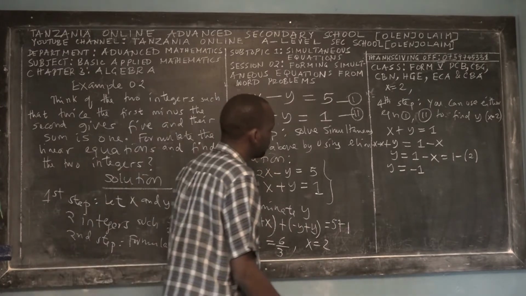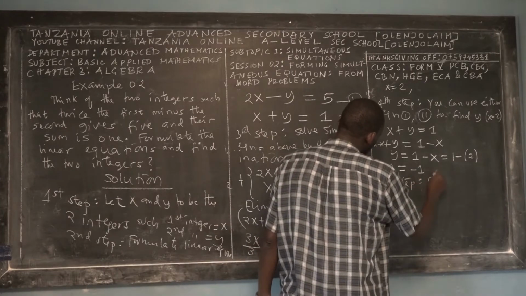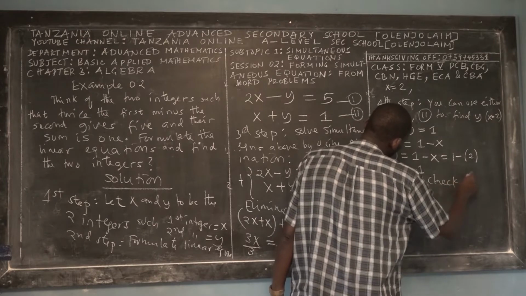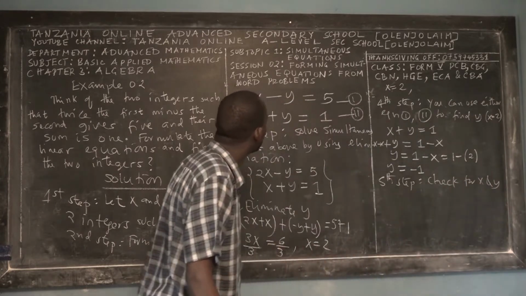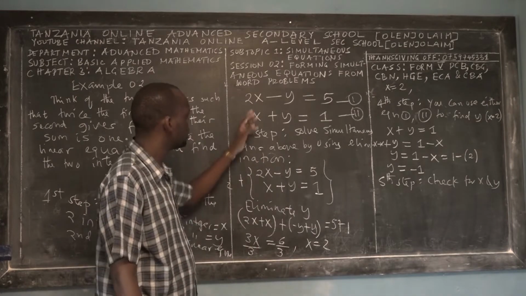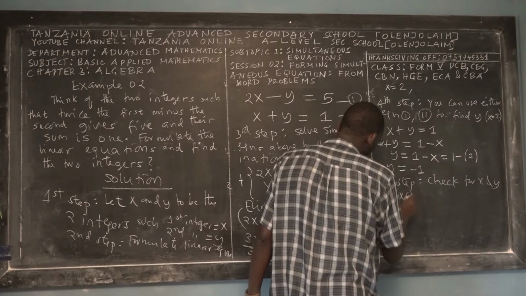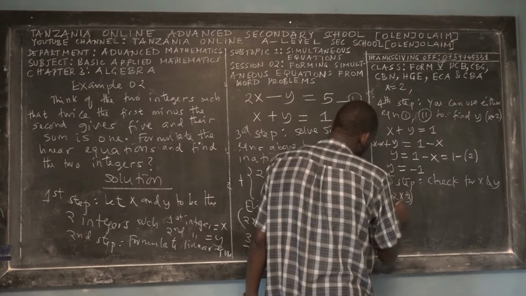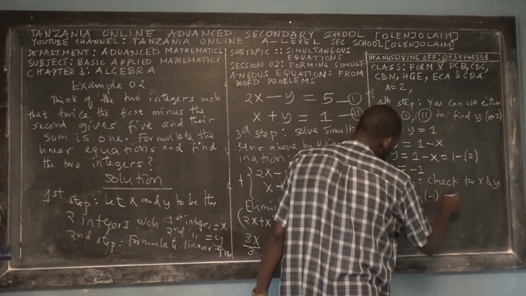So you can check this system, for x and y. How can I check? The value of x is 2, 2 times 2, but this is your own way on your rough paper. So minus y, y is minus 1.